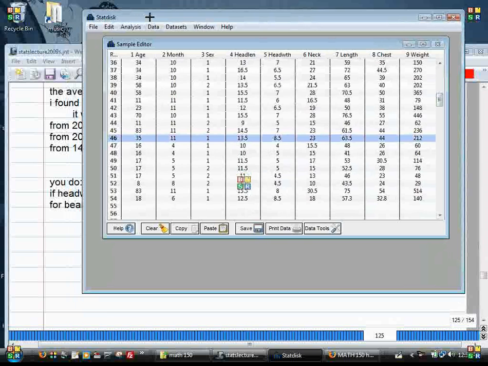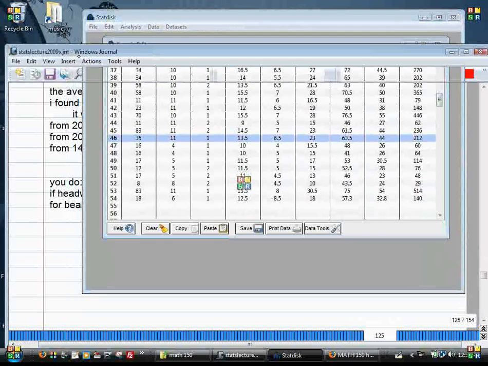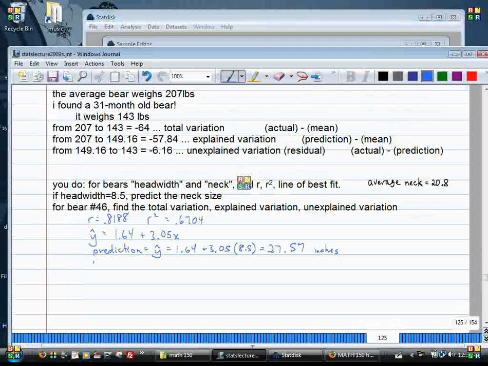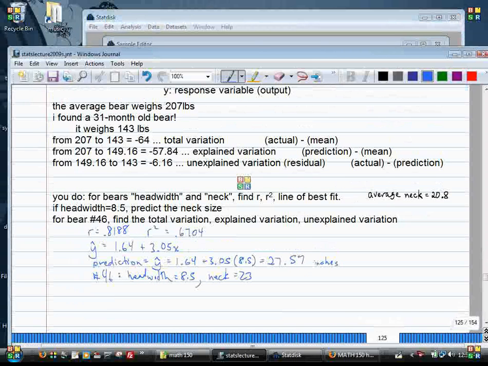His head width is 8.5, and the neck is 23. So using that, how do we get the total variation, explained variation, and unexplained variation?